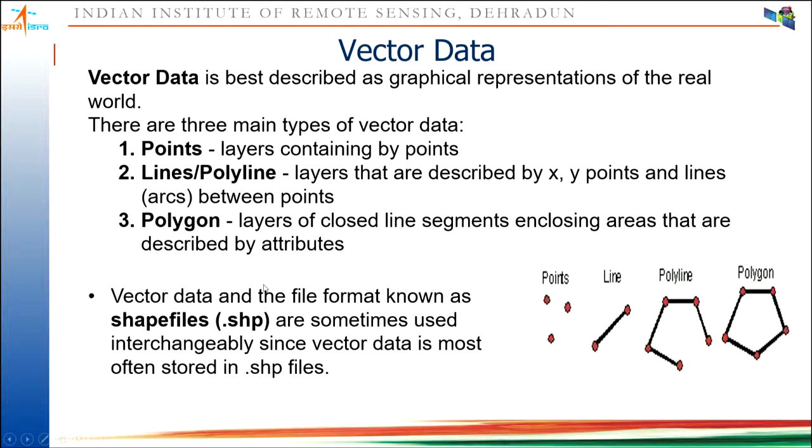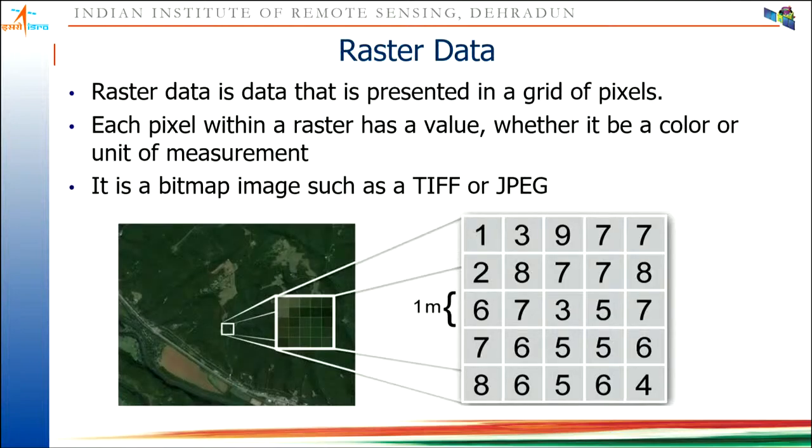Vector data is generally represented in shape files, and it is generally stored in .shp files. Next is raster data. Raster data is represented in a grid form of pixels. Suppose you are taking an image through satellites of any particular location of earth, so that image will contain pixels, and each pixel will have a value, that is called raster data.